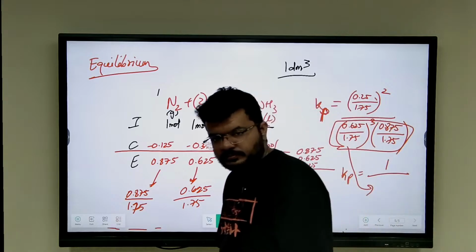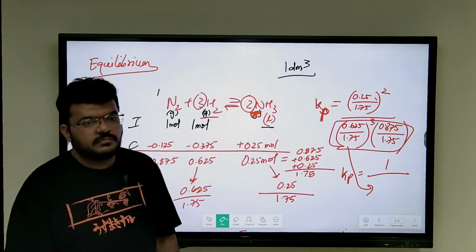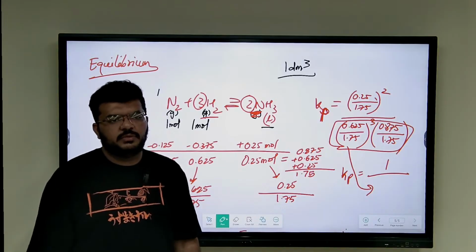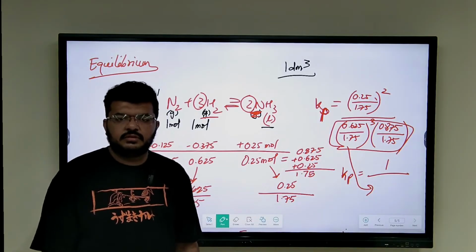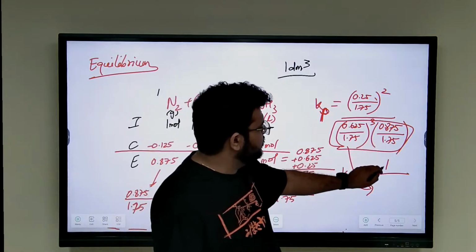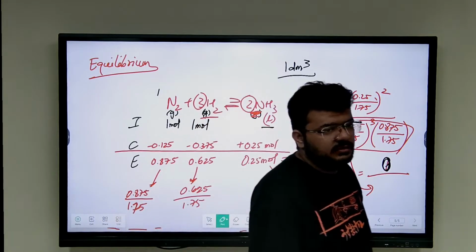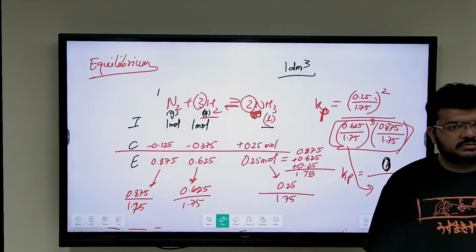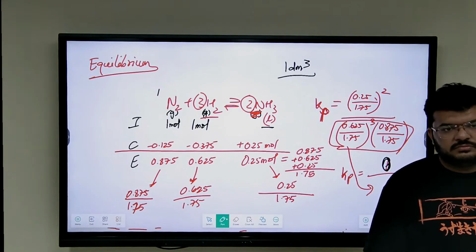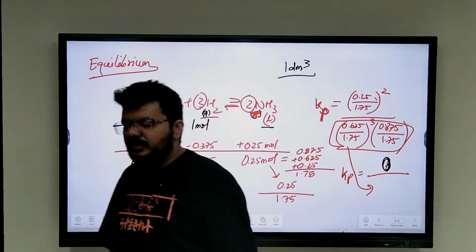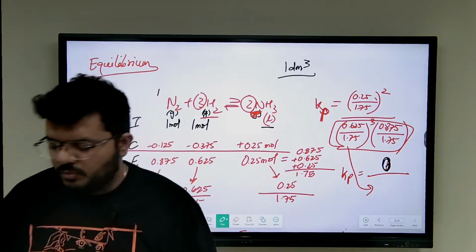Or rather, because there are 0 moles on the product side, the value of Kp is 0. Yeah, no product. Basically the equilibrium will stay towards one side.